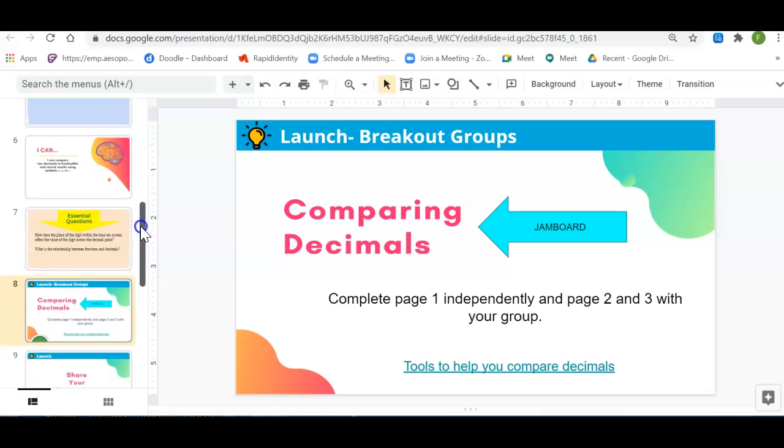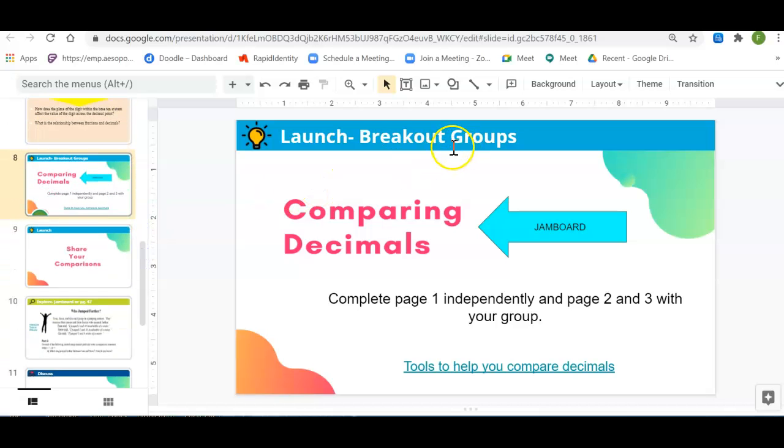So, comparing decimals. If you're in our live group, your teacher will probably have you in breakout groups. But if you're working at home individually and you're not on our live lesson, you're still going to be able to do the work. Comparing decimals is going to be on our Jamboard.